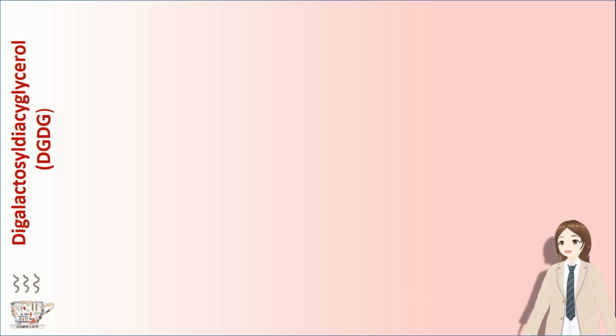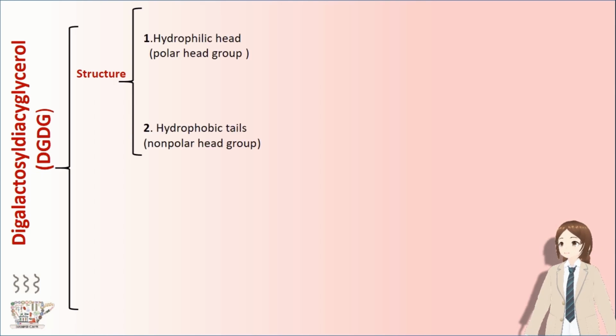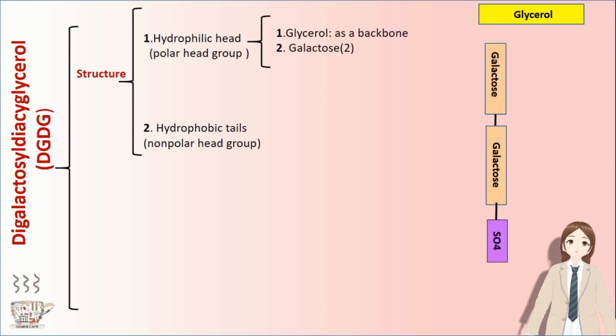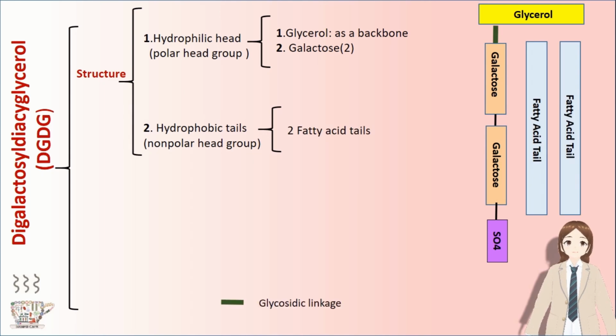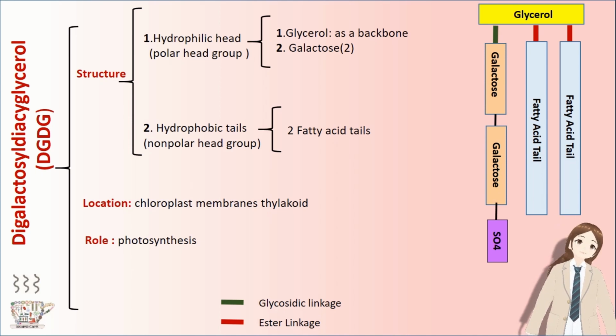Another category of galactolipids is digalactosyl diacylglycerol or DGDG. As you see, it has two galactose in polar head group. Its location and role are the same as MGDG.